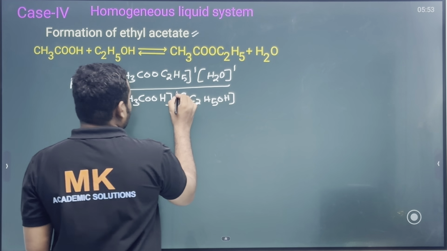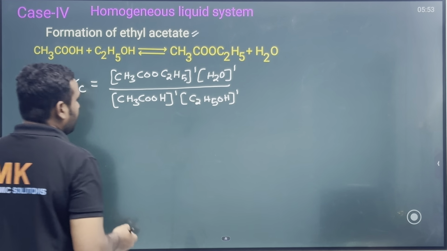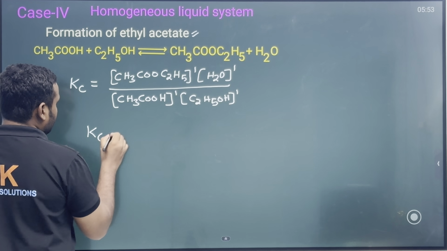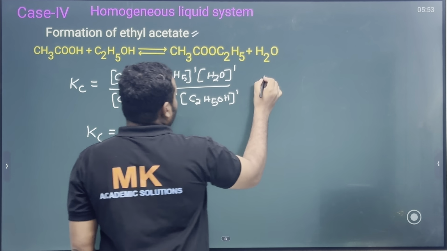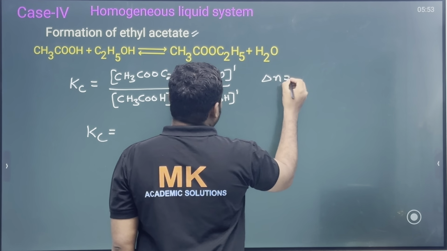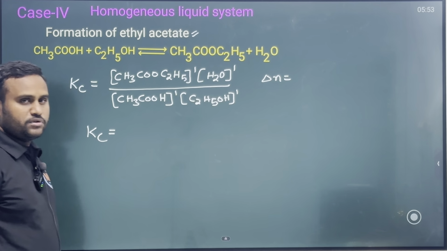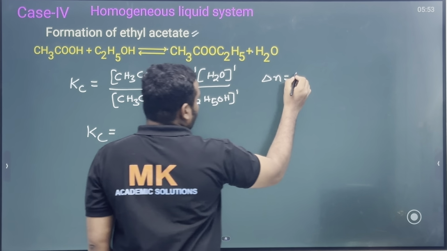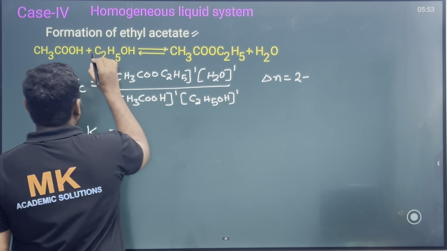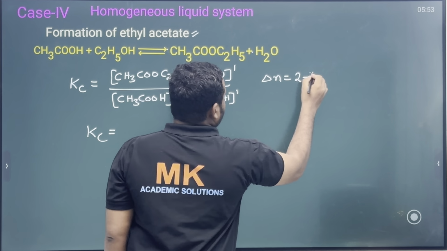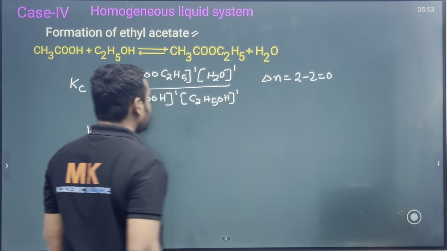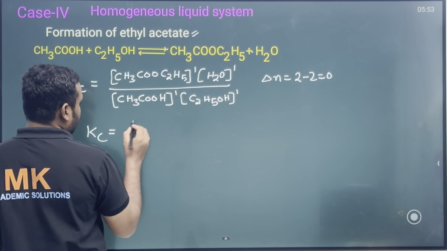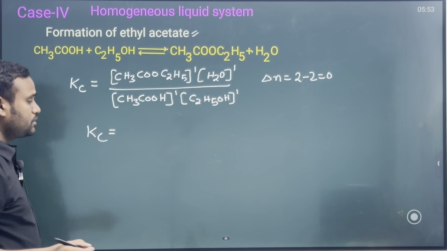See here also the power is 1, and what is the delta n value? Delta n is the number of moles of products minus the number of moles of reactants. So here 1 and 1, total 2, minus 1 and 1, 2, that is equal to 0. Delta n is equal to 0, so there are no units for Kc.